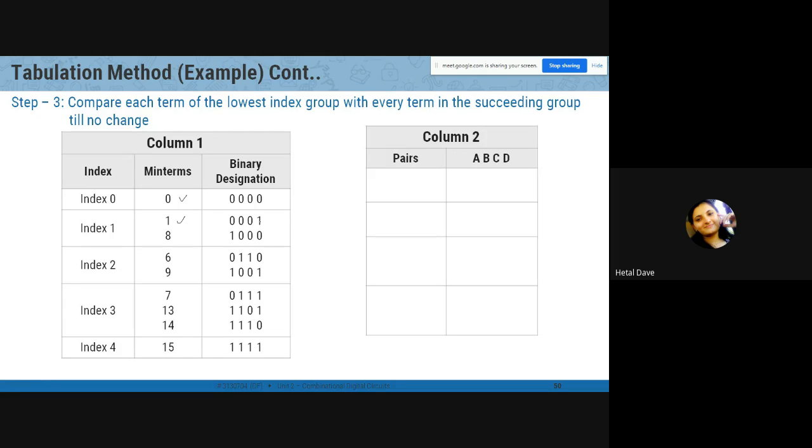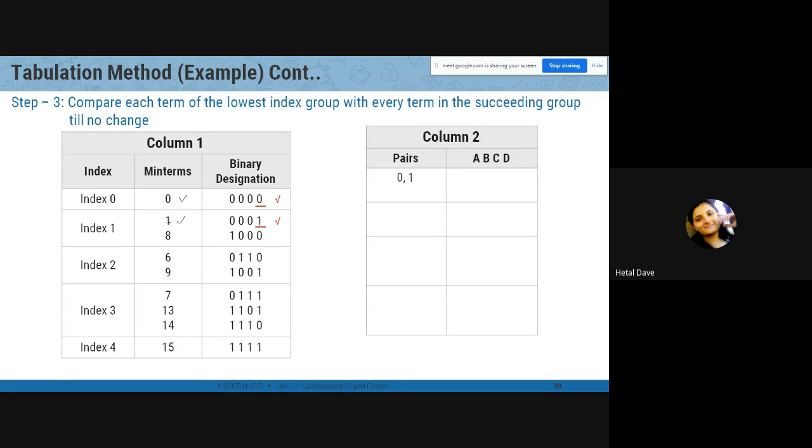So I will make a pair table. In the pair table, I will write, see here, one bit change. So which min terms can be paired? 0 and 1. I will write it here, 0 and 1. They have one bit change.